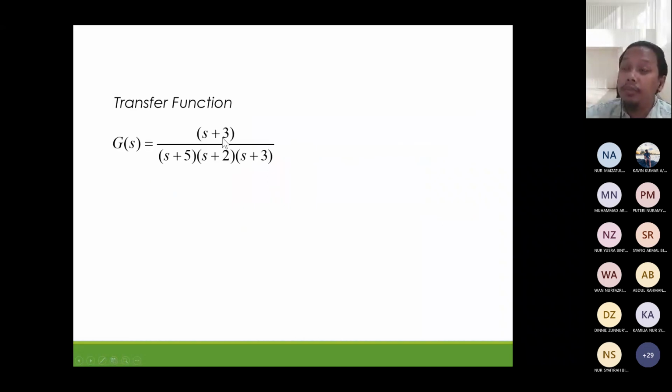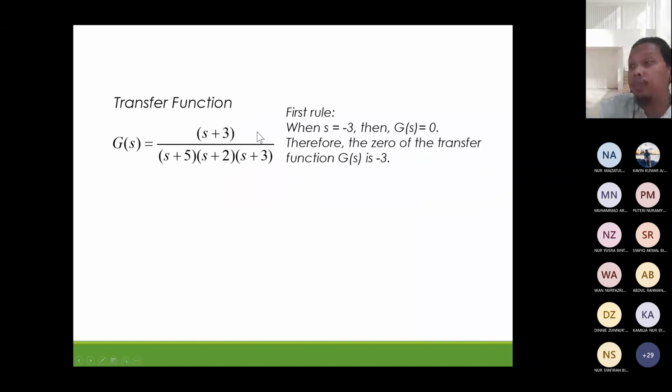Using the same transfer function from the previous example, here using the first rule of zeros, it is the value of s when G(s) becomes 0. The only way G(s) equals 0 is when the numerator is 0. So the only way for the numerator to become 0 is when s equals minus 3.